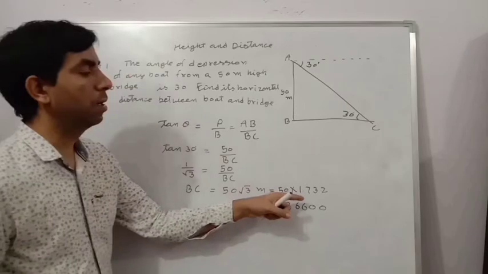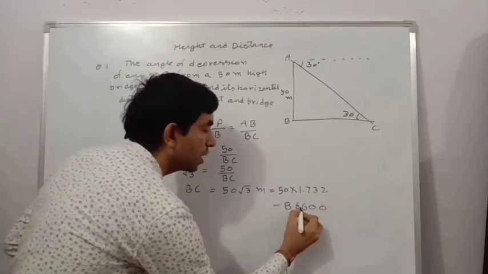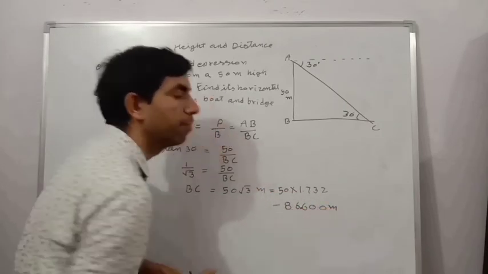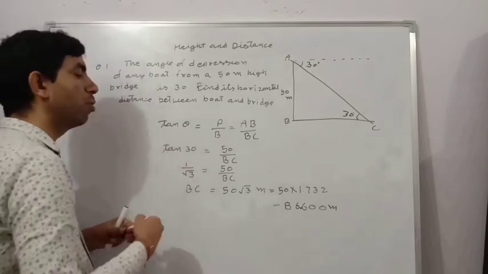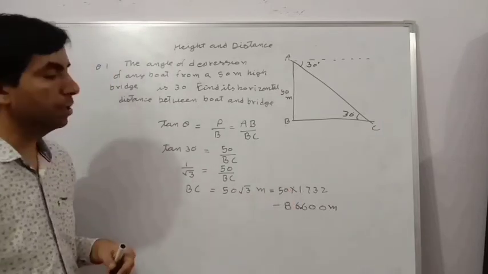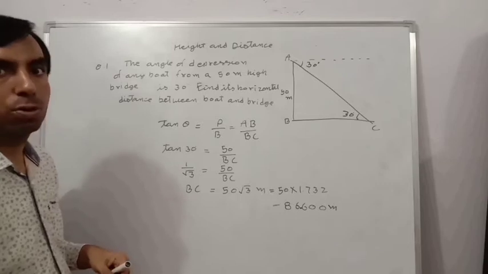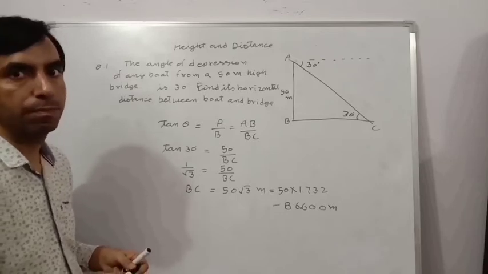Now place the decimal after 3 digits. So our answer is 86.6 meters. Both answers are the same, 50 root 3 and 86.6 meters. So let's take another question.